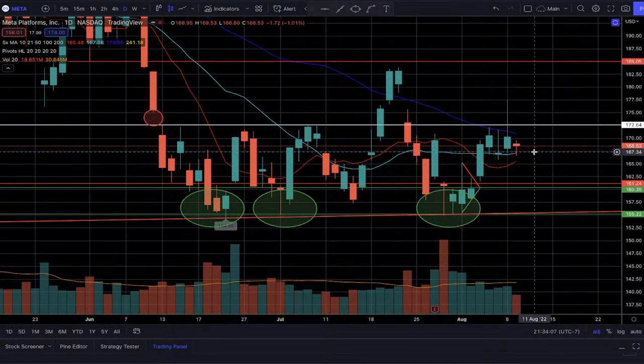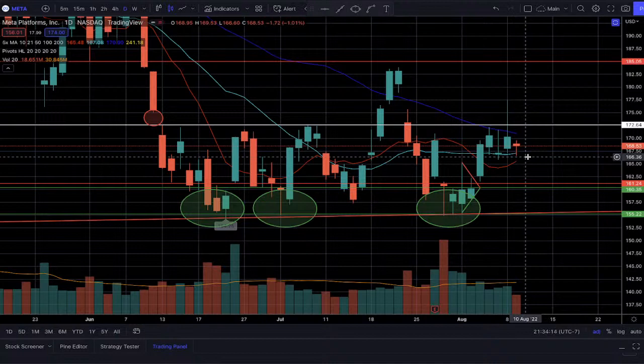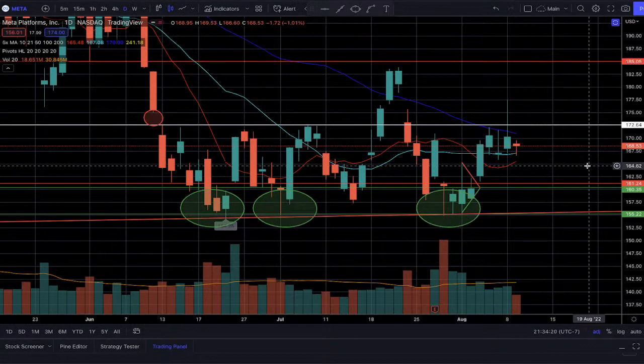All right, but like I said, the overall tech sector was weak today. And there's a huge possibility that we can see that weakness continue tomorrow, especially into the CPI data as well. Like I said, make sure you guys are looking at that core CPI number, not just CPI, but the core CPI year over year.